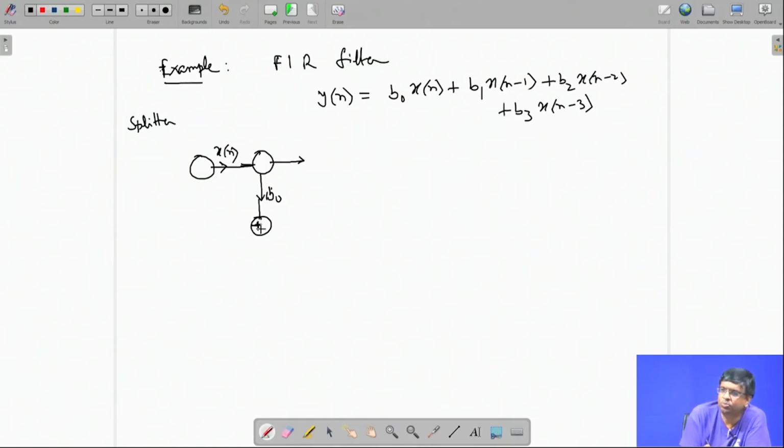Adder means it takes 2 inputs, 1 output. So, this is 1 input, another one I give here. So, this is an edge. Then a splitter, and here I put a 1 cycle delay, 1 times D. Then again a splitter node, it will split the same thing in 2 directions.